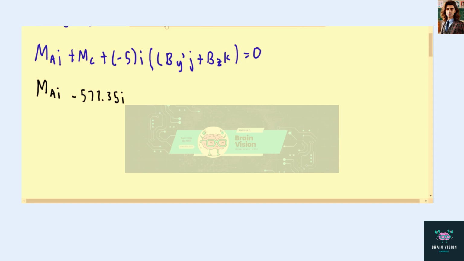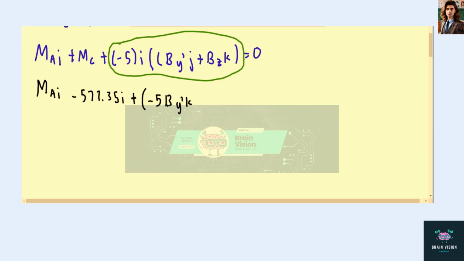And this expression here, I'll circle it, we can actually rewrite as plus -5 times B of y prime k plus 5 times B of z j, and set that equal to 0.